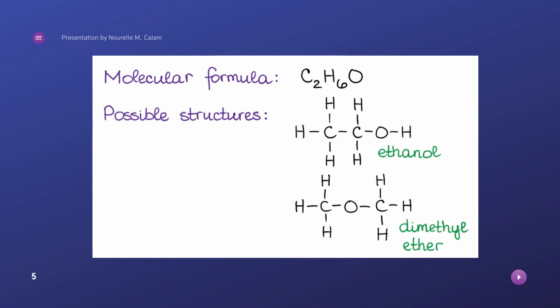So from this chemical formula, we can come up with different arrangements using the atoms given. Now, possible structures would be the structure for ethanol. Another would be the structure for dimethyl ether. Now, both of these molecules, the ethanol and the dimethyl ether, have two carbons, six hydrogens, and one oxygen.